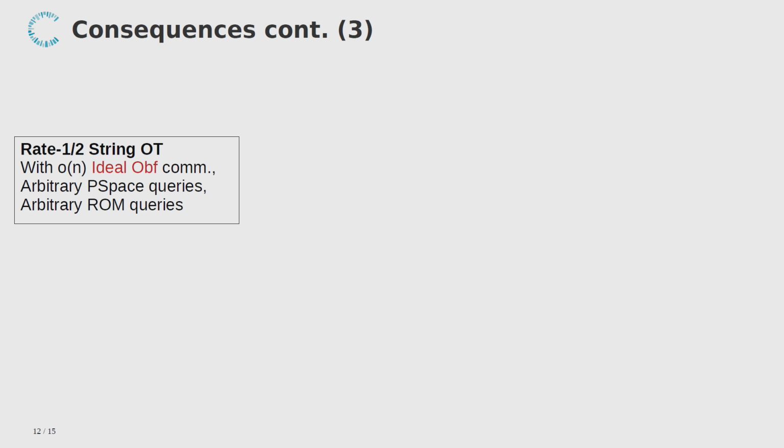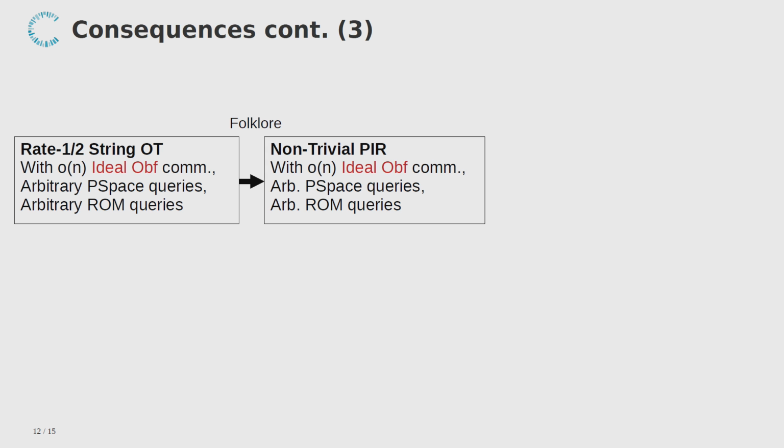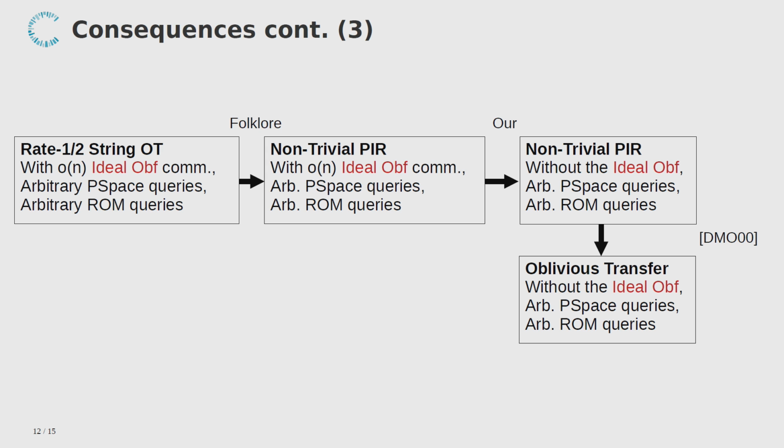All the steps work the same, but essentially we start with a string OT protocol that has access to extremely strong cryptography, but doesn't use it very much. We remove it, and we get to a contradiction. Essentially, this means that it doesn't exist.